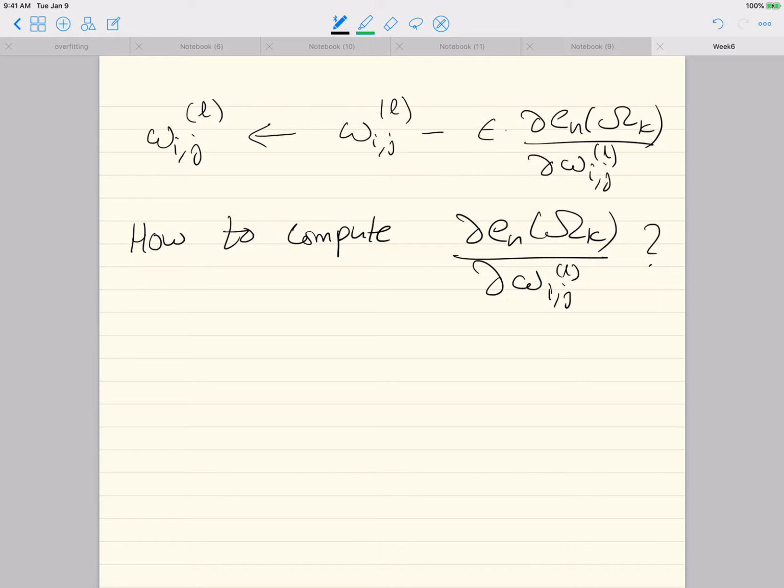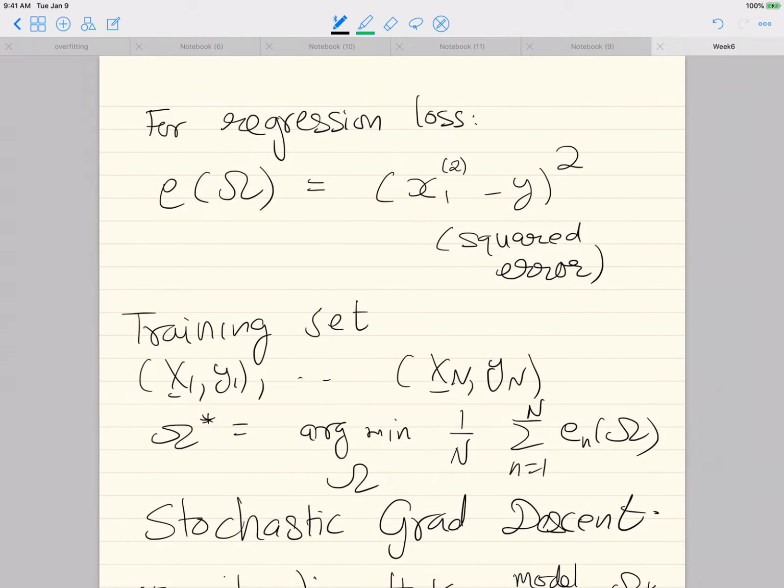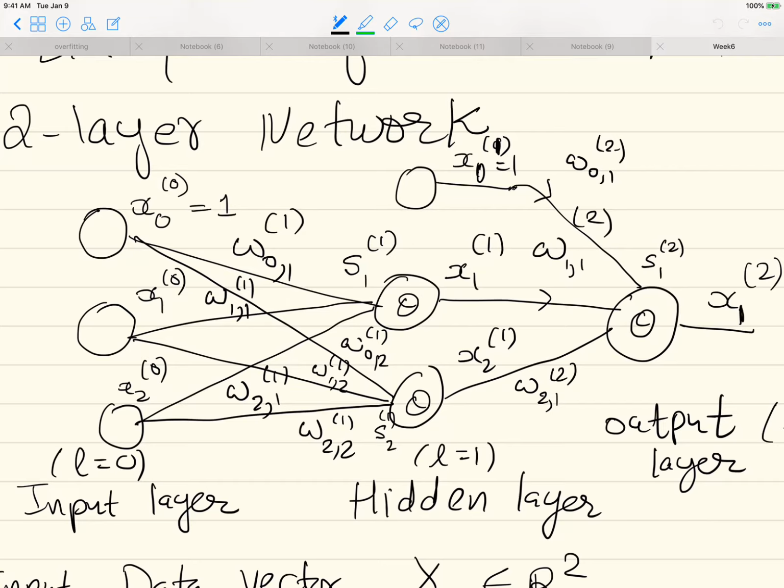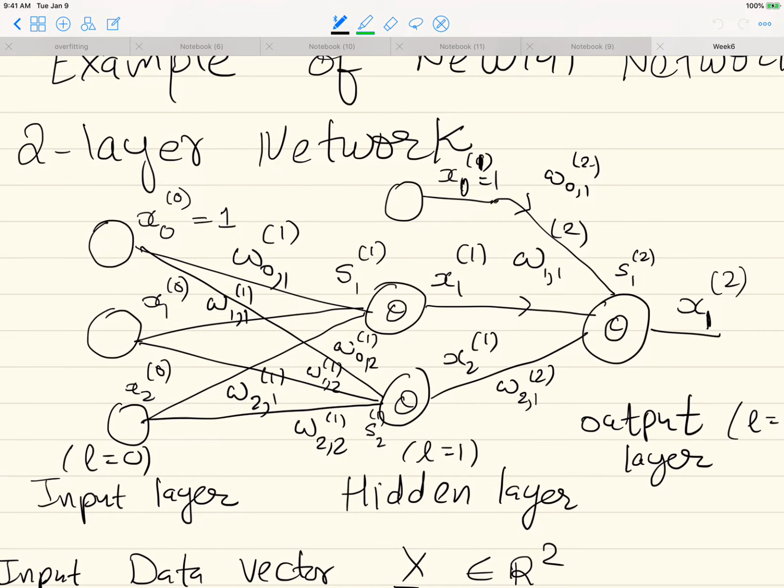But before that, if I did not know this literature and I was just given a neural network like the one we have here, and I'm asked to compute the derivative of the loss function, I have to compute the output, then compute the squared error.